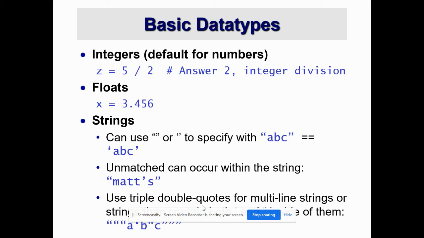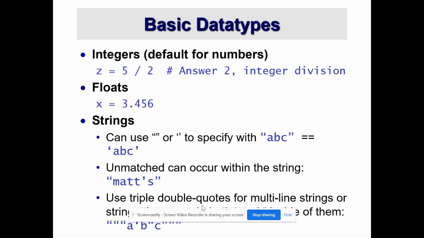In Python, they are called integers. So here, when I say z is equal to 5 divided by 2, I'm trying to divide 5 by 2. The answer will be 2 in integer. You will not get it as 2.5 since z is an integer.